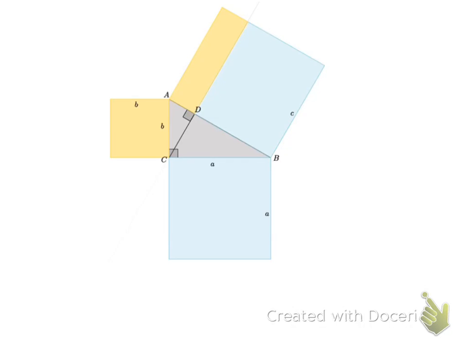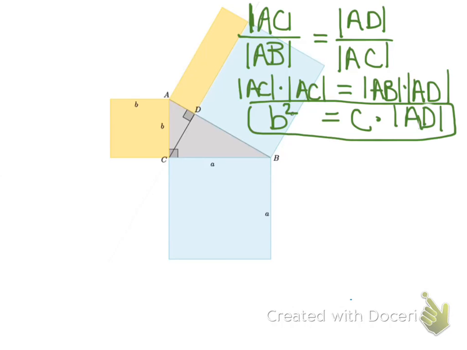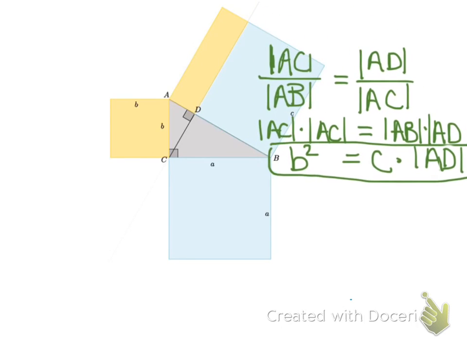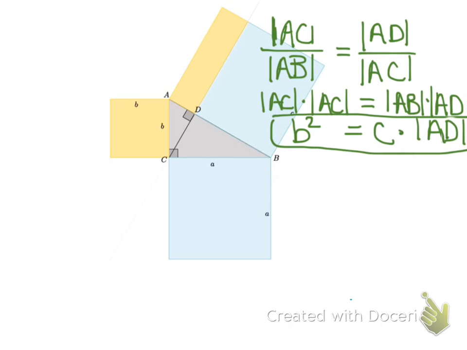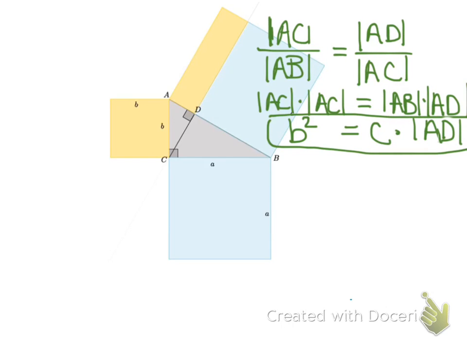So let's see if I can make this, whoops, cancel. So here's what we had, and it's going to be on top of part of our diagram. Okay, so there we go. So we ended up with this relationship that B squared is equal to C times AD.